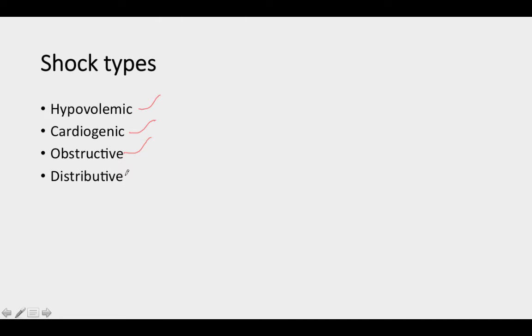And finally, if you have an intact heart that's pumping well, you need to drive that blood forwards rather than sideways. And if you have total peripheral vasodilation, you have distributive shock. So that's how I think about it in my head. Feel free to think about it any way that you feel comfortable with, but the main thing to take out of this slide is that there are 4 main types of shock.